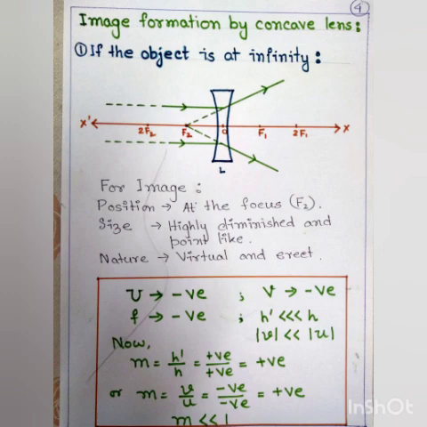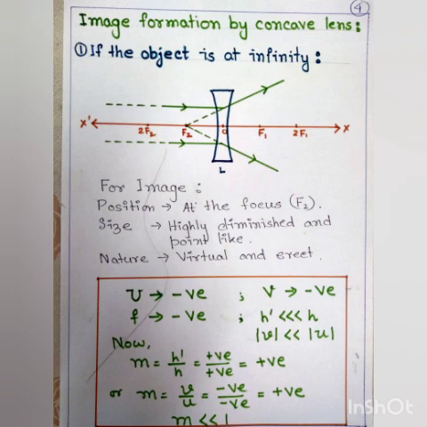Now magnification for convex lens was also positive, but only for the last situation when the object was in between focus and optical center, but it was greater than 1.